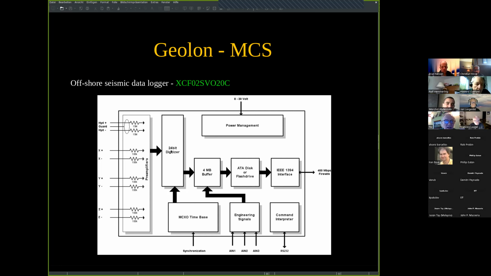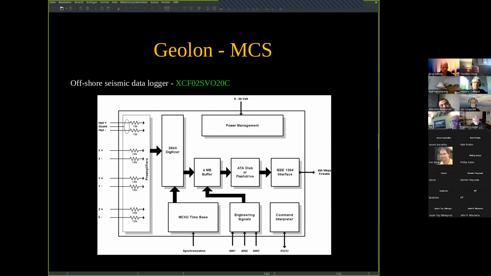We have 24-bit digitizers, and we have a very, very high precision time base that is not allowed to consume any power. This is a contradiction, but there is, in the US, a French guy who specialized on these kinds of time bases, and he gets a precision without heating and with a crystal oscillator of 1.5 seconds per year, which is excellent and good enough for the seismic data loggers.